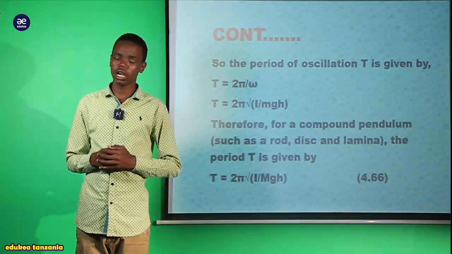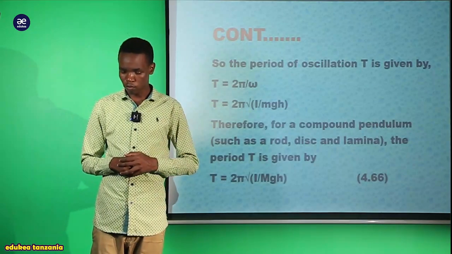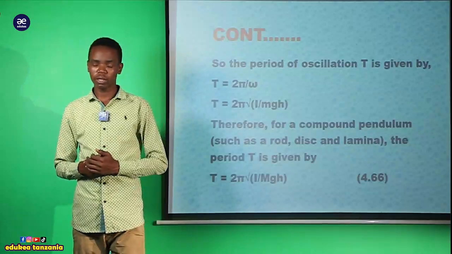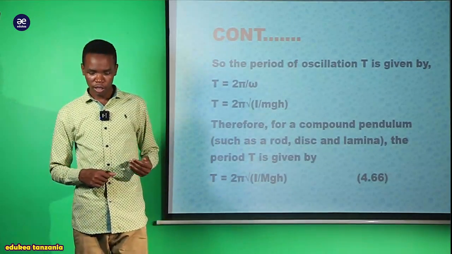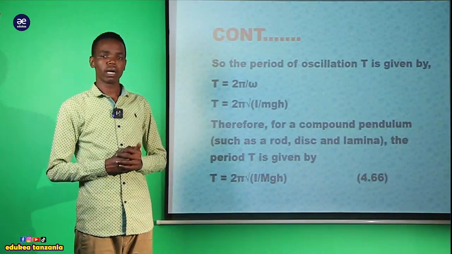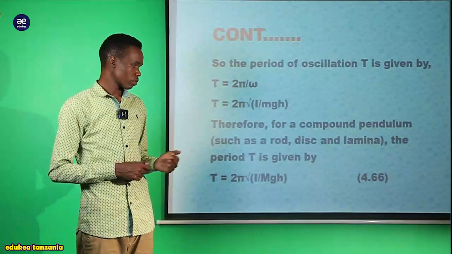And now this will be our formula for obtaining the period of oscillation for these compound pendulums as we observe here. Now we should allocate this equation the equation number 66 for our first topic here.